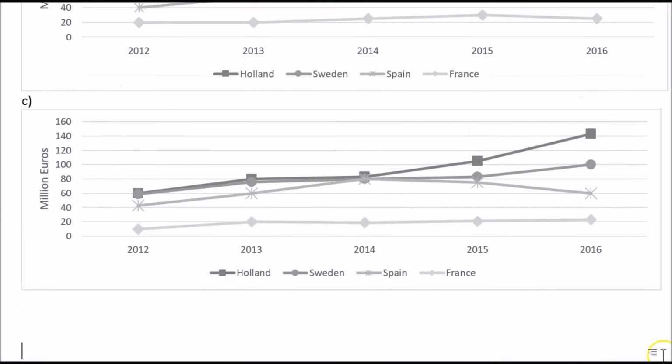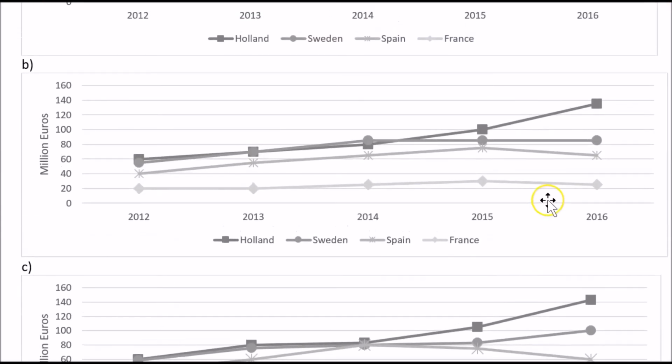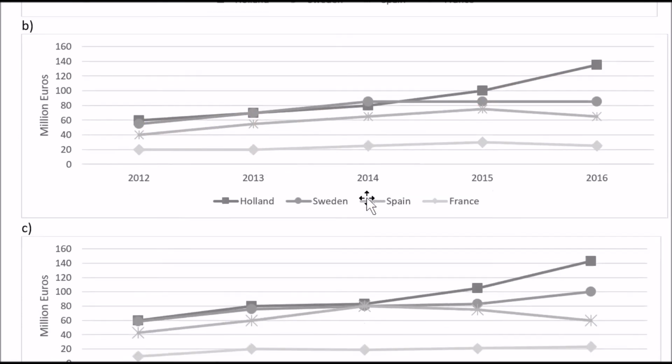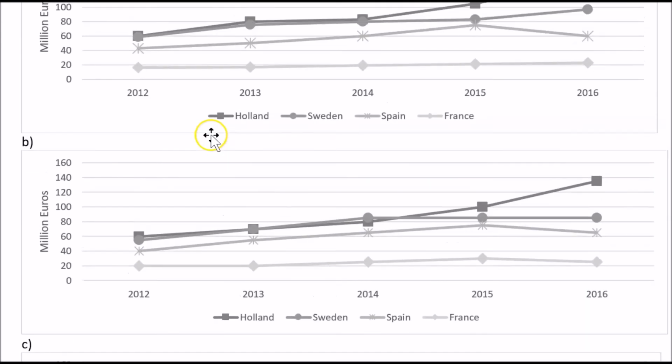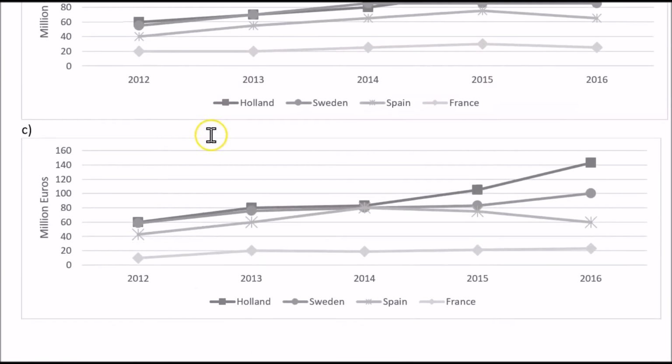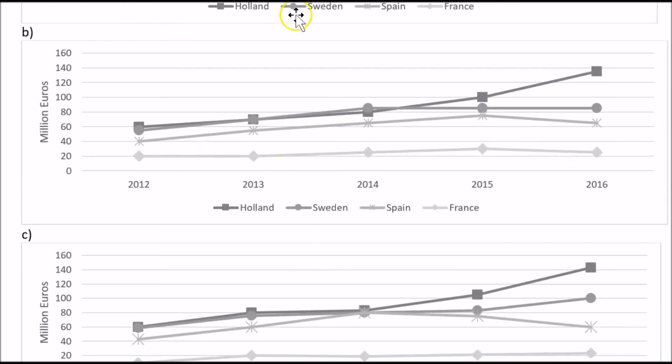Now let's continue with choice B. It started again at 60 for Holland and it rose to right below 140, right? So this line for Holland does not seem correct. So we can easily eliminate choice B. Checking choice C, Holland started at 60 and rose to over 140 million. So we are left with choice A and choice C. B is out of the question here.